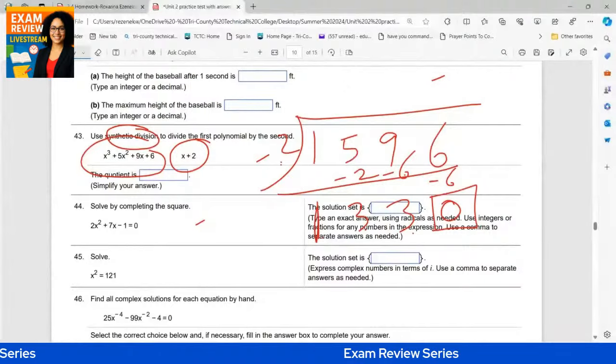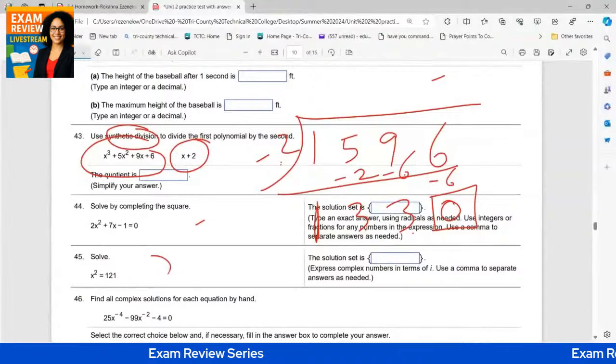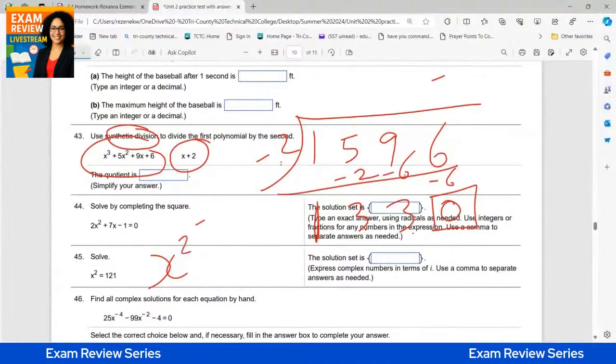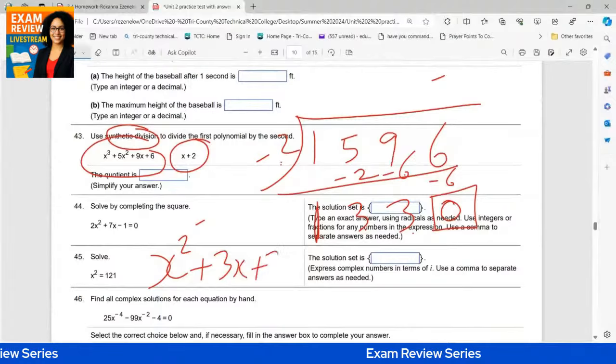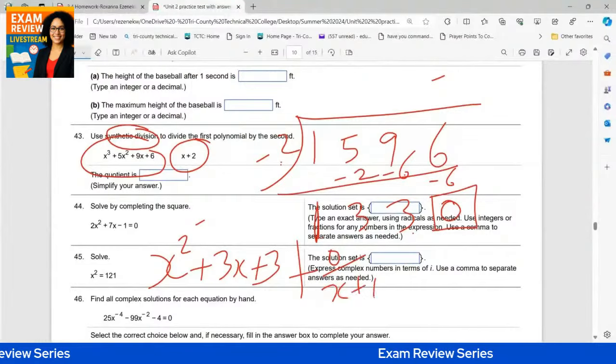Therefore, I can now write the quotient. Because I divided a cubic by a linear, the quotient has to be x squared plus 3x plus 3, plus the remainder over the divisor. There is no remainder.